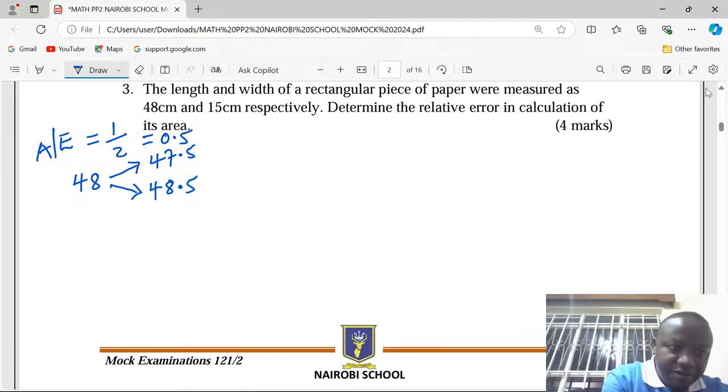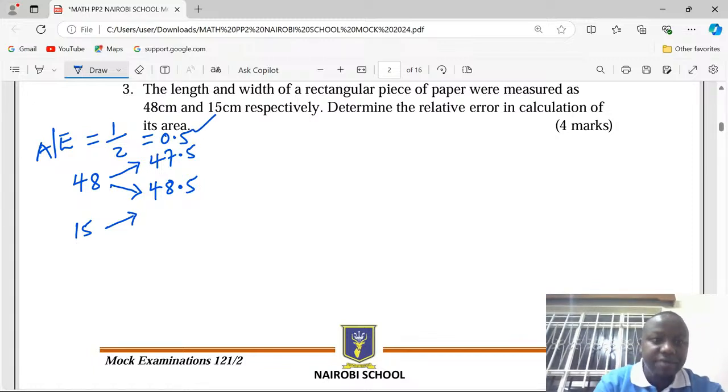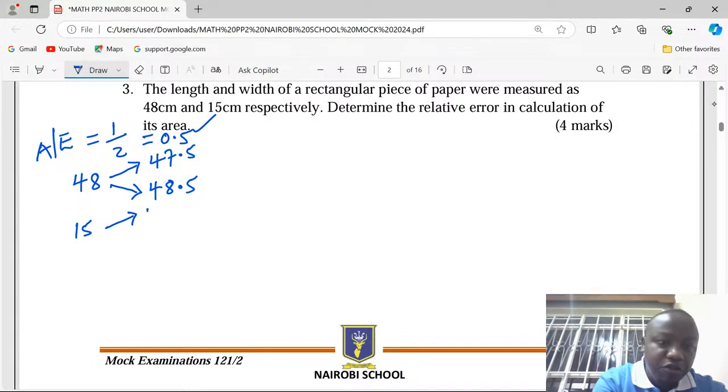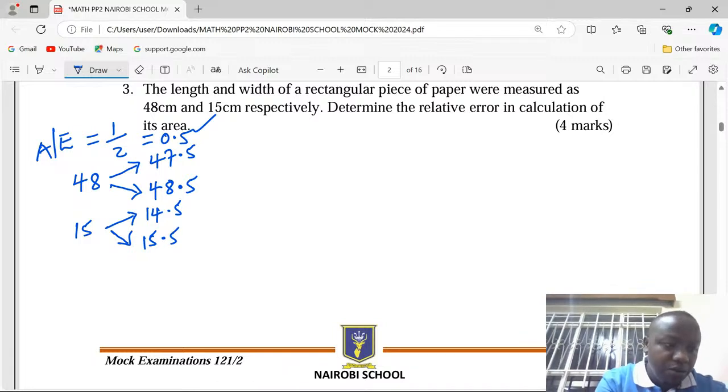Then we have 15 now, the width, which lies with the same accuracy, of course. So the same absolute error in the recording. And this means 14.5 all the way to the upper limit of 15.5. So now we have the limits within which both dimensions lie.